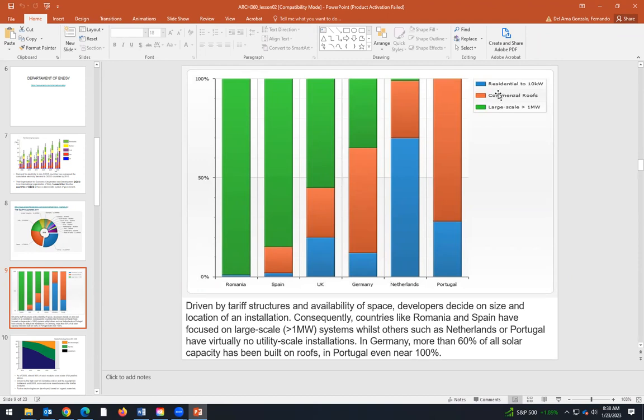Why is that? Well, I know Spain, I know the Netherlands. The Netherlands is a tiny country in terms of area, and it has a lot of buildings on it. So it makes sense that most of the PV panels are on the roofs. Spain is a big country, and there's a lot of open space.